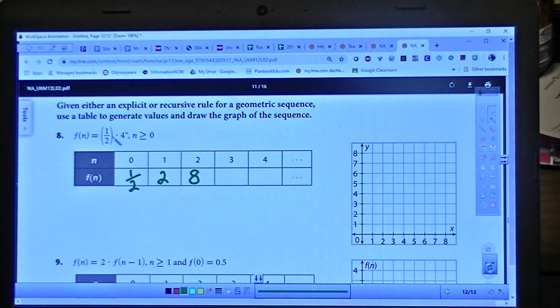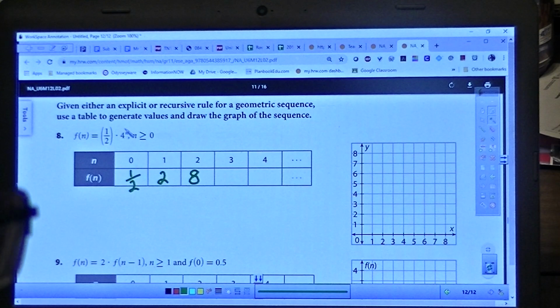So our starting place is 1 half, and what's our rate? 4. So 4 halves make 2, and 2 times 4 is 8. So I bet this next one had better be 16, right? Let's try 4 to the 3rd power. That's 64. Hold on a second. 4 times 4 is 16. What's 4 times 16?